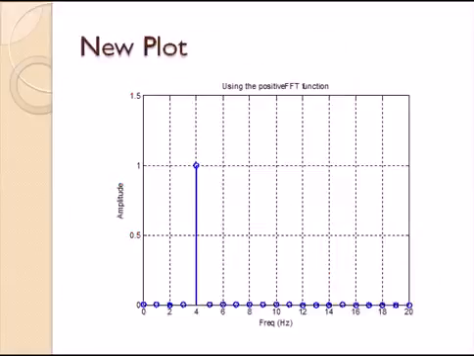So now we get this. Again, we split off the symmetric part of this, so we're only looking at positive frequencies. The frequency now goes from 0 to 20 hertz, and you can see this big spike at 4 hertz, which is just what you'd expect from a single frequency sine wave. All right, so using that command, it's trivial to do FFTs.